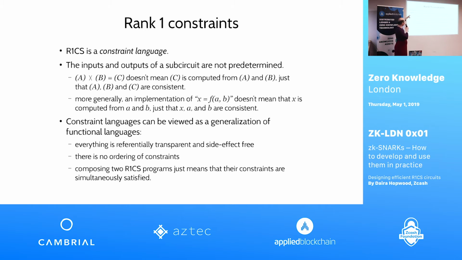But don't worry about that. The important thing here is you're just asserting that this is true, and you're not predetermining which is the input to the constraint and which is the output. You're just asserting that the relation holds. So, for example, you might be able to use the same subprogram in 2 different directions to do a conversion.